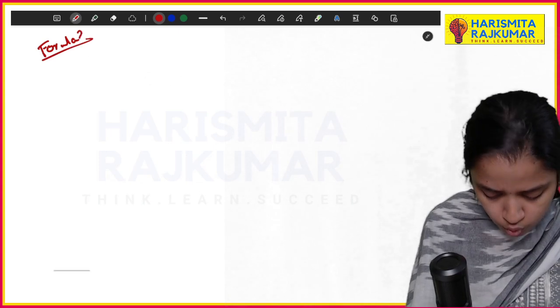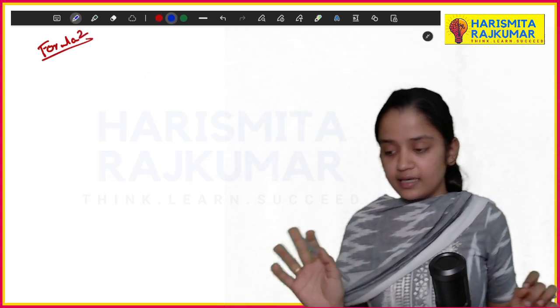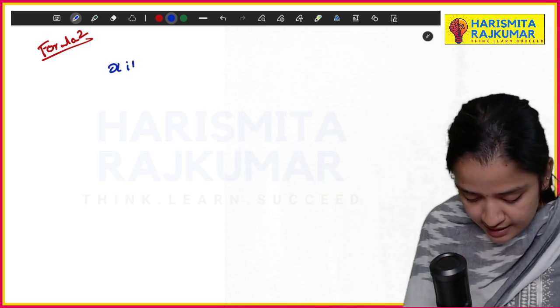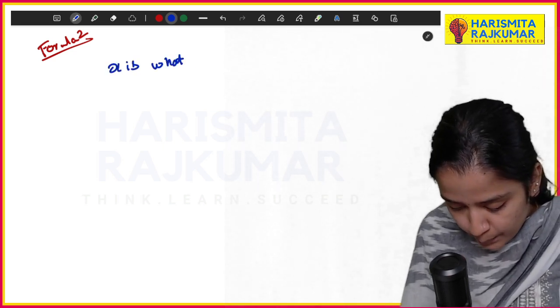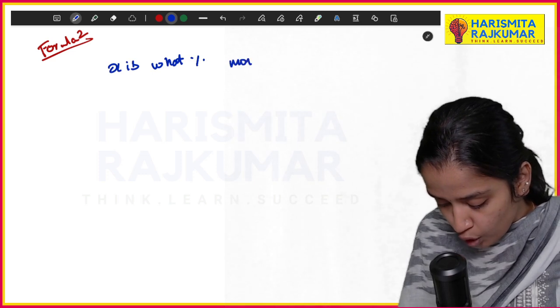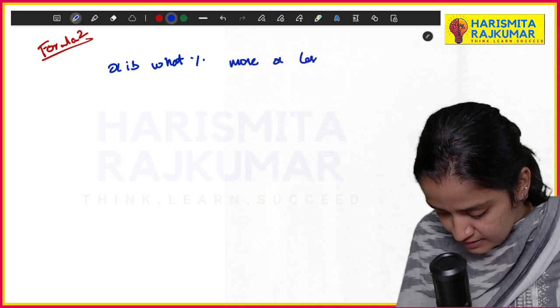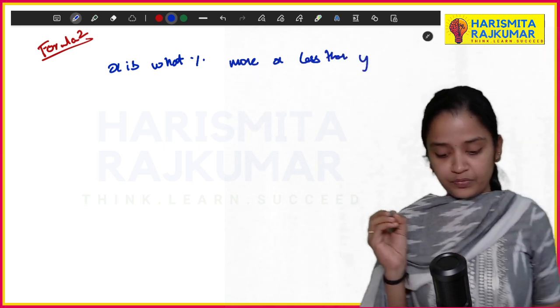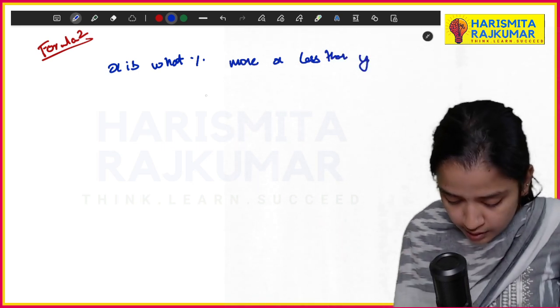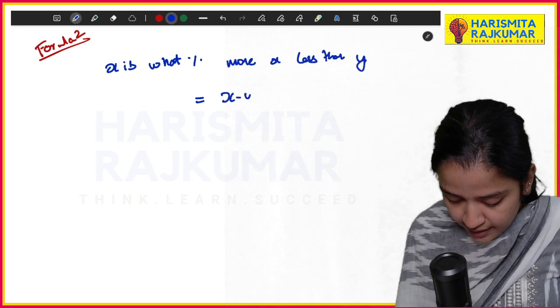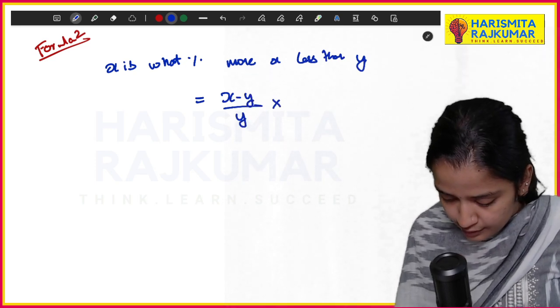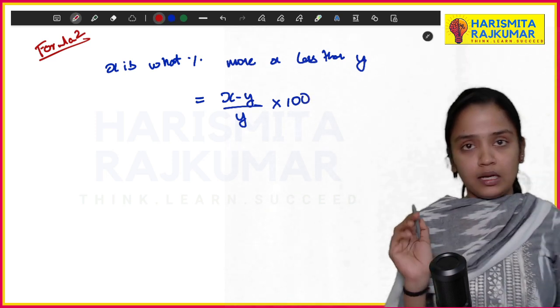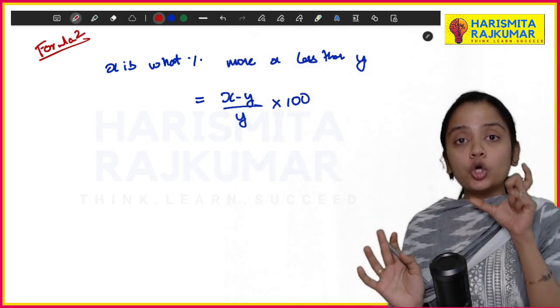Formula 2 is basically: X is what percentage more or less than Y. Here it is X minus Y by Y into 100. So how do you remember it?